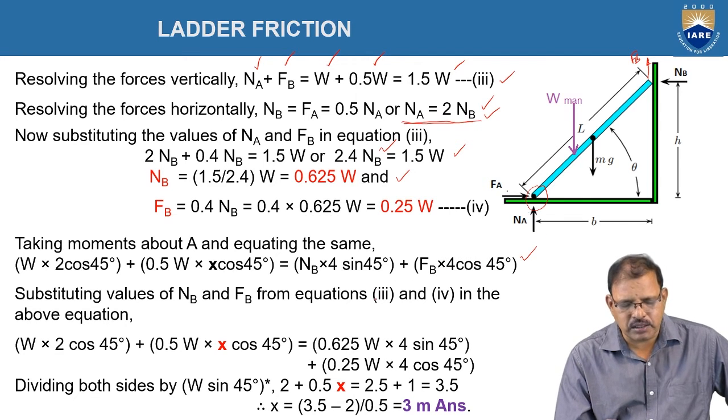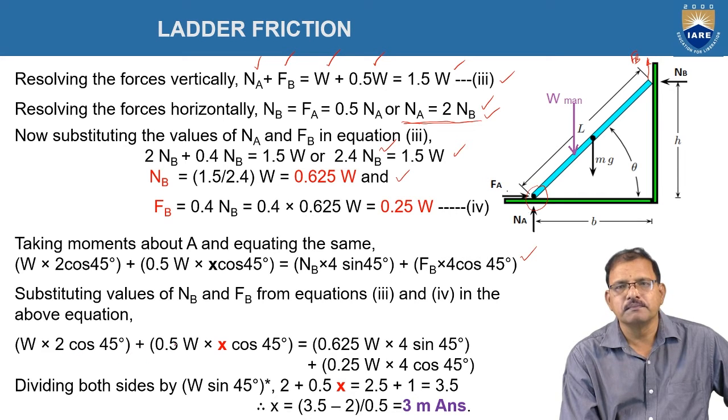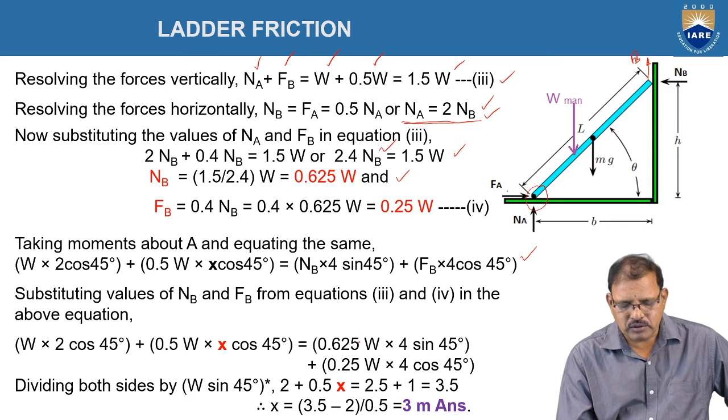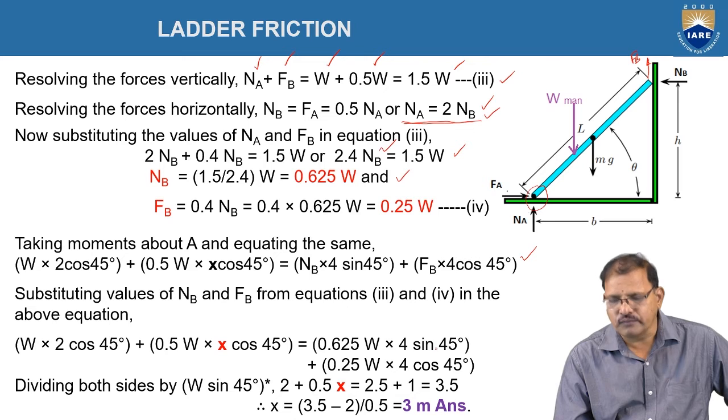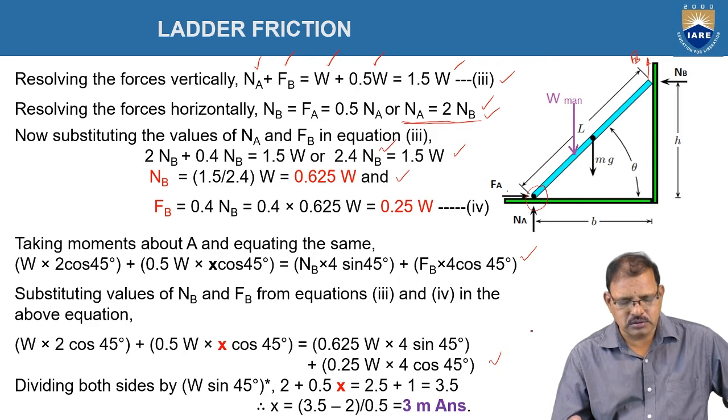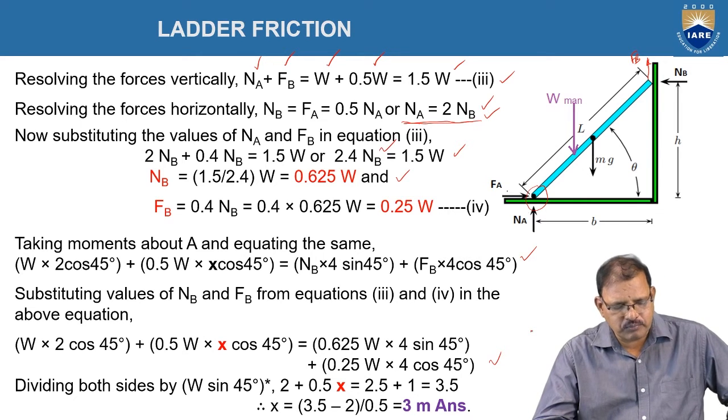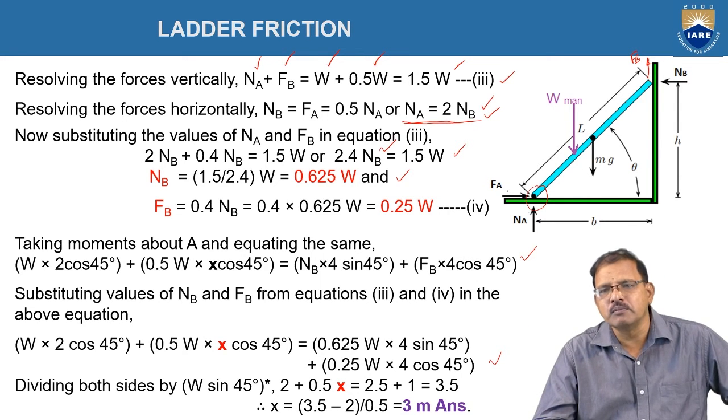Substitute the values of FB and NB. We get W into 2 cos 45 plus 0.5 W into X cos 45 is equal to 0.625 W into 4 sin 45 plus 0.25 W into 4 cos 45. Now divide the equation on both sides by W sin 45.